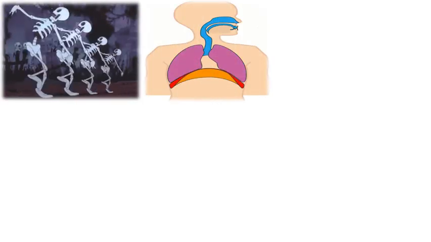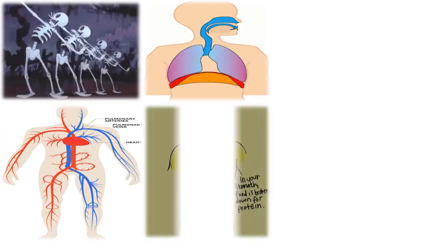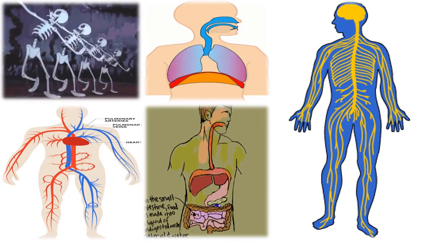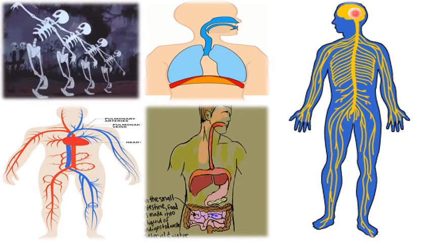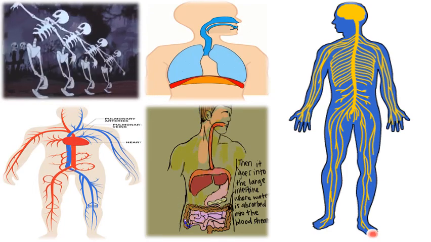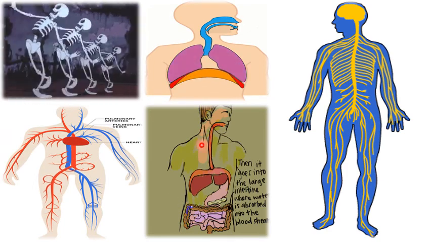But before that, as I previously told you, there are a number of functions in our body that are working together to make life possible, and they include the skeletal system, muscular system, digestive system, nervous system, and circulatory system. Many systems are there in our body.